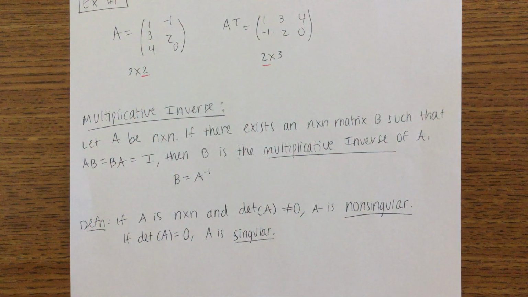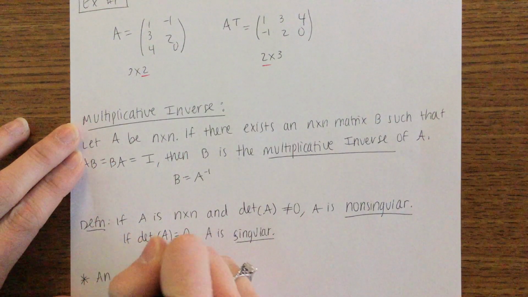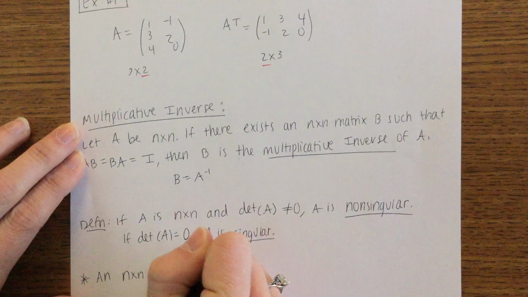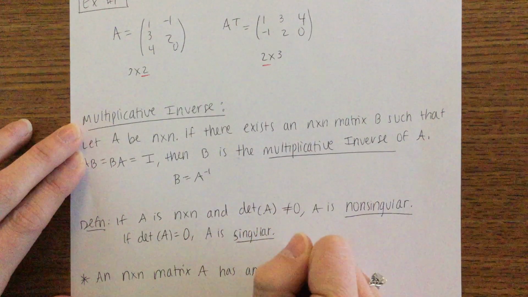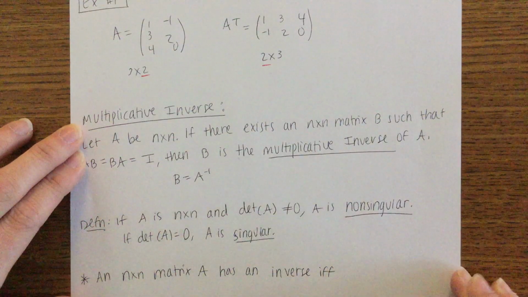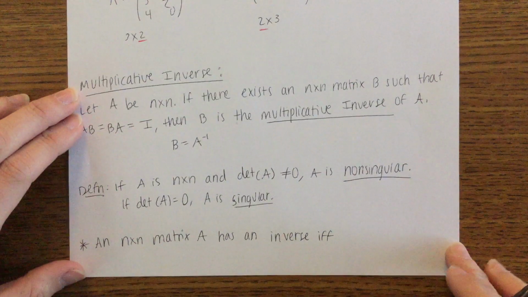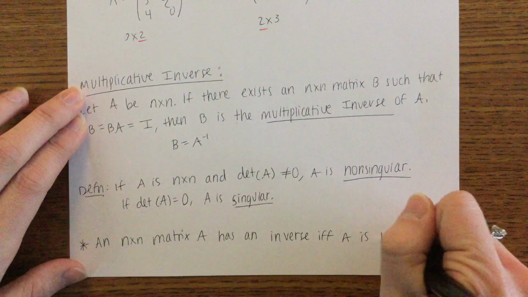Now, when do you think that A will have a multiplicative inverse? Correct. So an n by n matrix A has an inverse. What does IFF mean? If and only if A is non-singular.